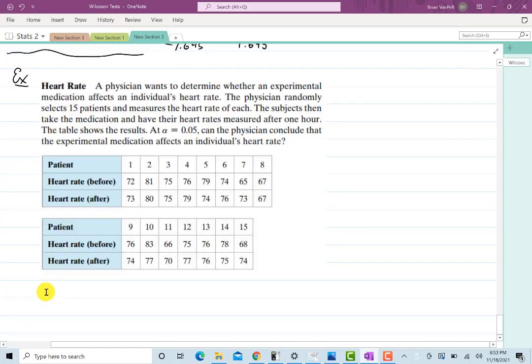Another example here, if you look at this, since we're talking about before and after samples, we have dependent samples. So for this one, we use the signed rank test.